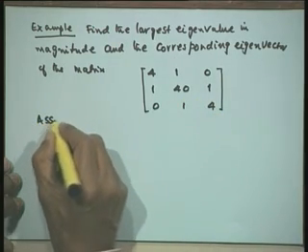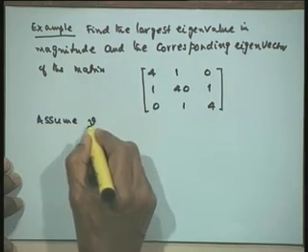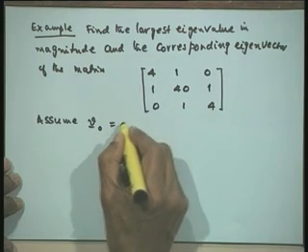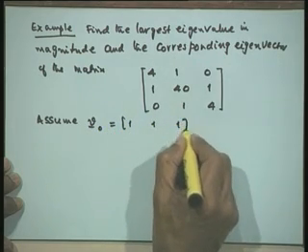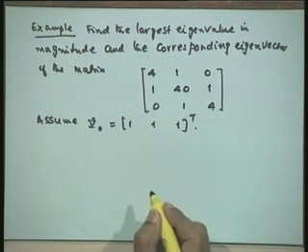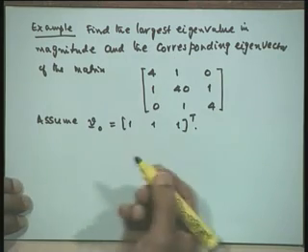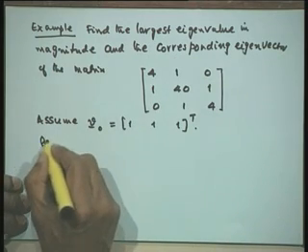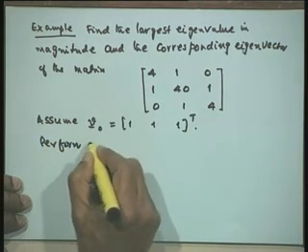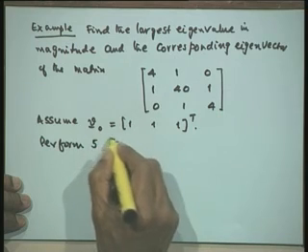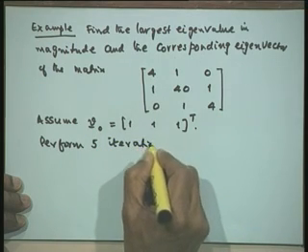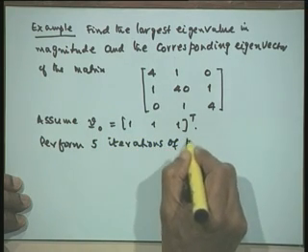Let us also assume V 0 is equal to 1 1 1, and perform 5 iterations of the power method.